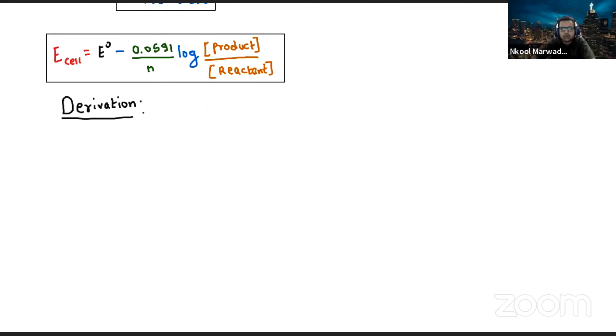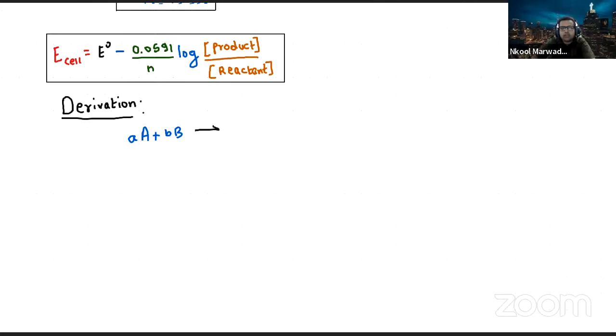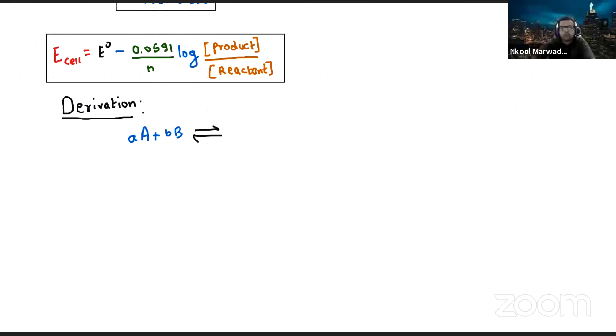So I have a redox reaction like this, and I know that in a redox reaction, after some time we achieve equilibrium. In the state of equilibrium, the rate of reaction in both directions becomes equal. Whatever amount of products are getting created, the same amount of products are getting converted into the reactant.